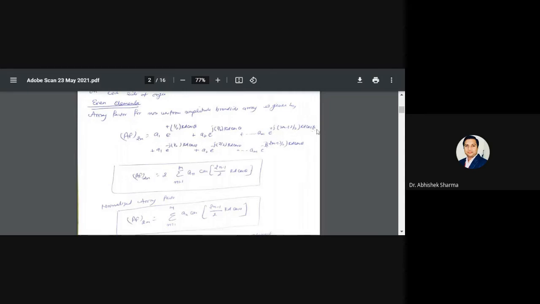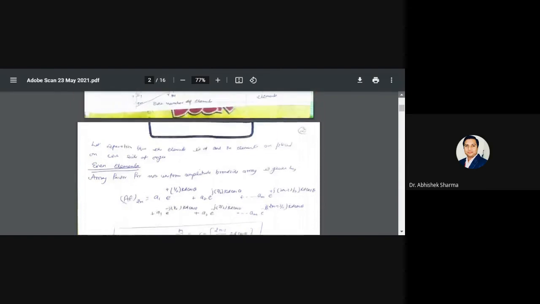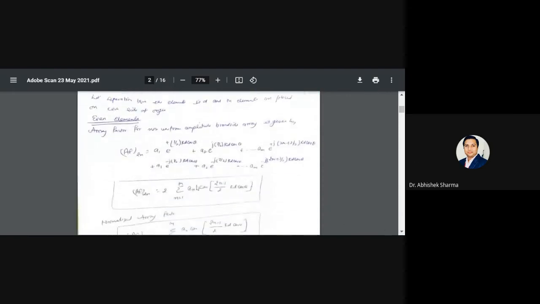So that is the array factor contribution due to these elements which are above the origin from 1 up to M. Now plus a1 e raised to power minus j 1 by 2 kd cos theta, a2 e raised to power minus j 3 by 2 kd cos theta, and plus up to aM e raised to power minus j (2M minus 1) by 2 kd cos theta.